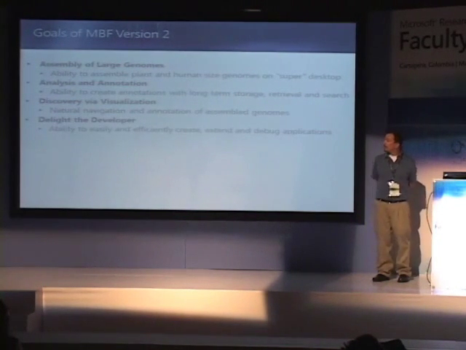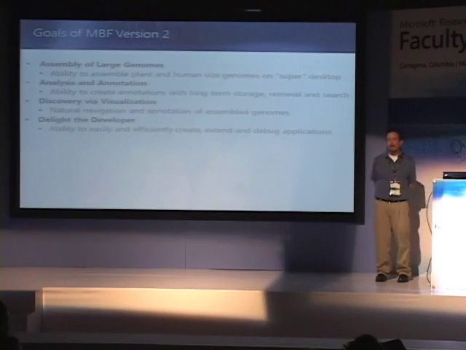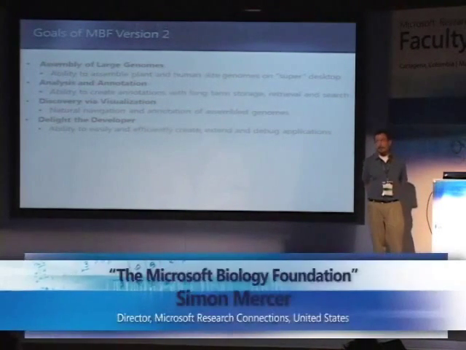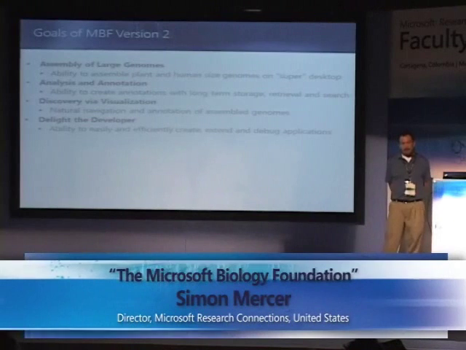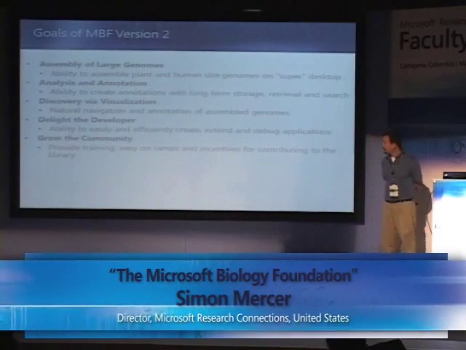We also want to make sure that the developer experience is very good. So debugging is easy, easy to create and extend new parsers, algorithms, well documented, and easy to build tools on top of as well.